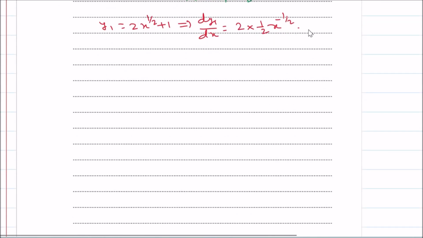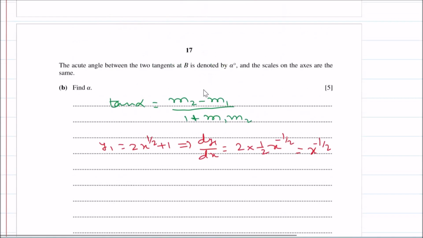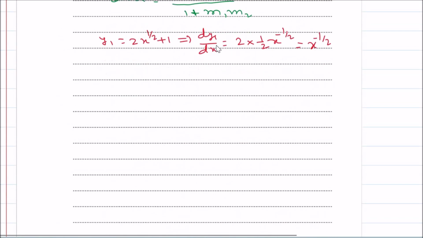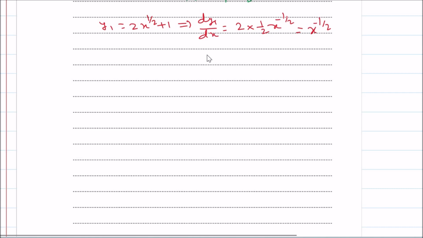If you simplify this, we get x to the power minus half. Now, the x coordinate given is 4, so we put x equal to 4 there. So m1 is equal to 4 to the power minus half, that is 1 by 2.